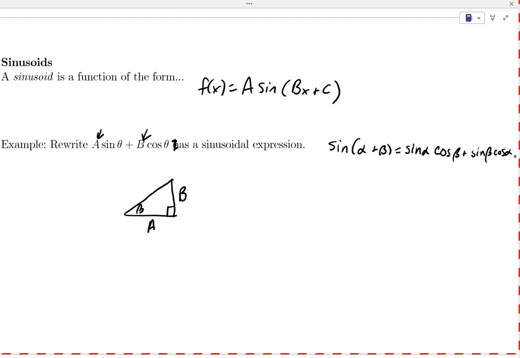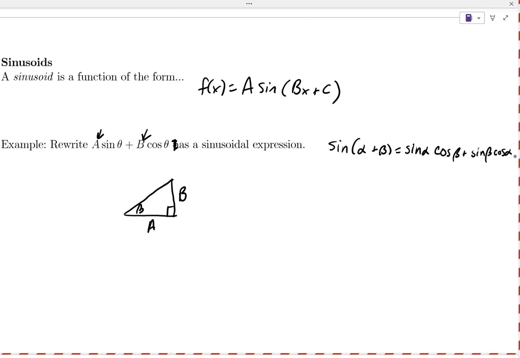Remember, in a right triangle, cosine is adjacent over hypotenuse, so that's why I put the A on the adjacent side. For that same beta, I want to see sine of beta in that second term, so that's why I put the B on the opposite side. That's why I created the right triangle this way.